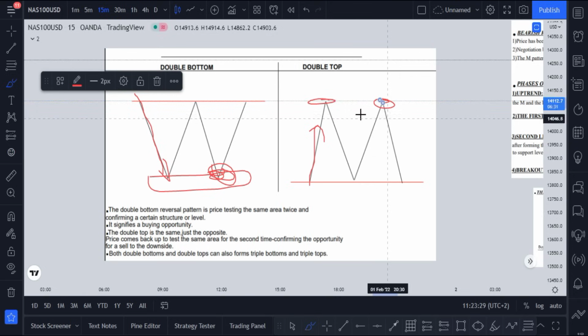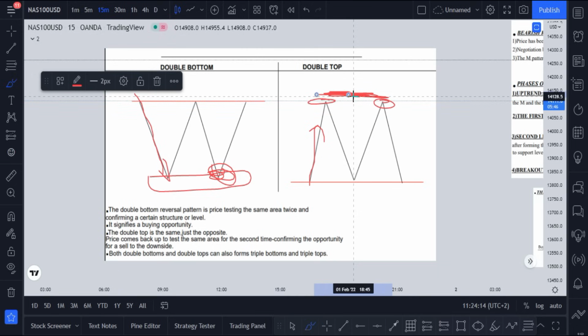So it's the confirmation, and we call this a double top, or M formation. This is our opportunity to sell when the market comes back to retest the same level. It could show us that we potentially have a resistance or a ceiling level here, or we can also refer to it as our supply zone, as in our previous video where we talked about supply and demand zones.